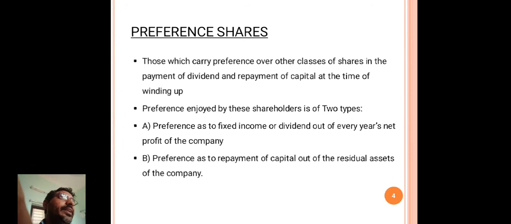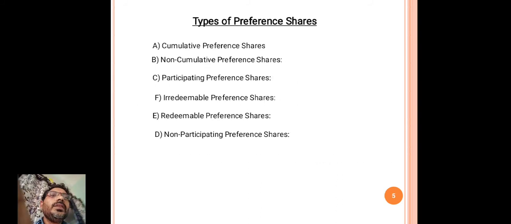Here, one difference between equity and preference shareholders is that equity shareholders have a right to vote, but preference shareholders don't have any right to vote. And there are a number of kinds of preference shares.